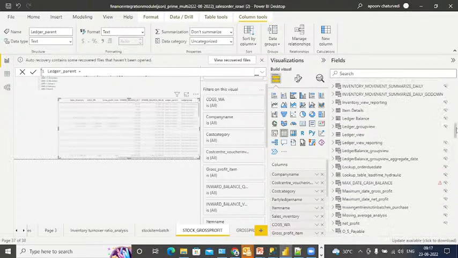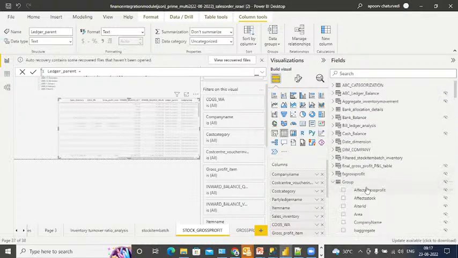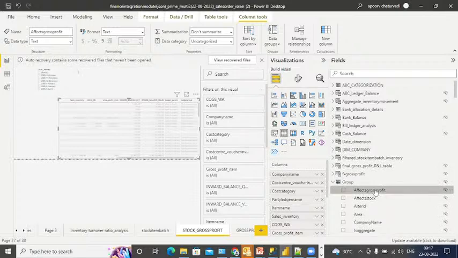if you go into the group master, and in your group you have got a master called FX gross profit.